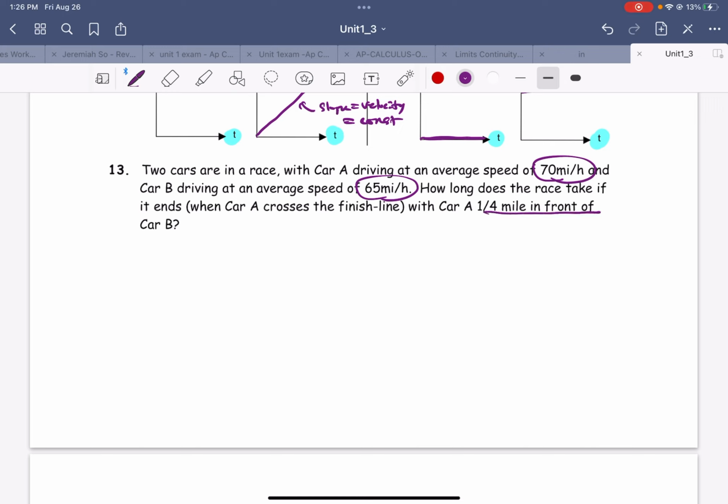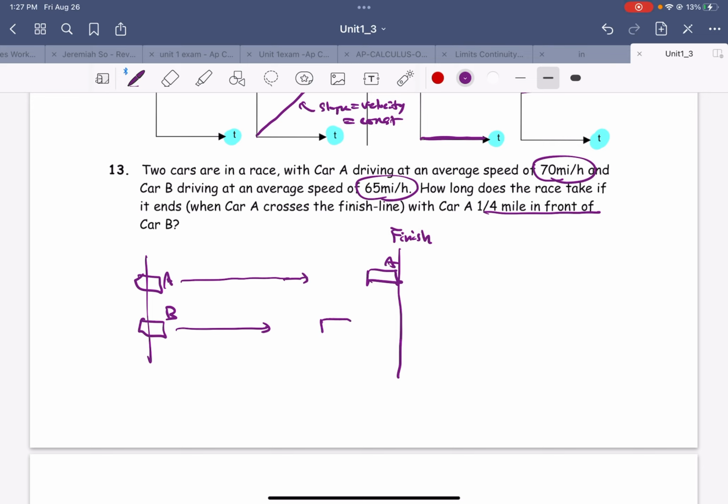A will end first, of course, because they start at the same time, but it's faster. Let's say here's the finish line. Car A and car B start, but A is faster. So by the time A finishes, car B is behind, and their distance is right here, a quarter mile.